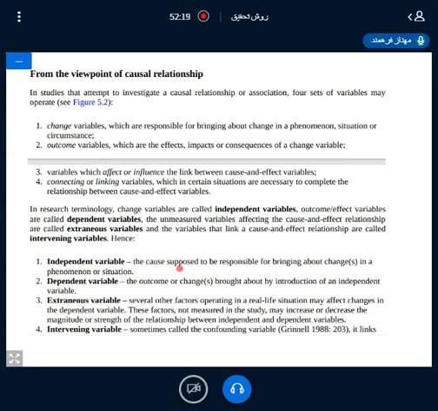Independent variable: the cause sought to be responsible for bringing about changes in the phenomenon or situation. Dependent variable: the outcome variable or changes brought about by introduction of an independent variable.